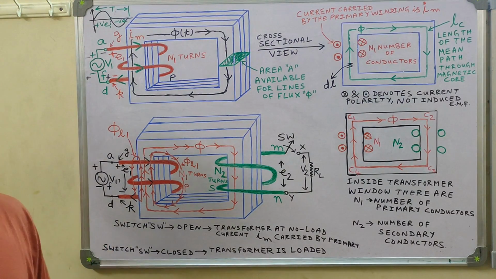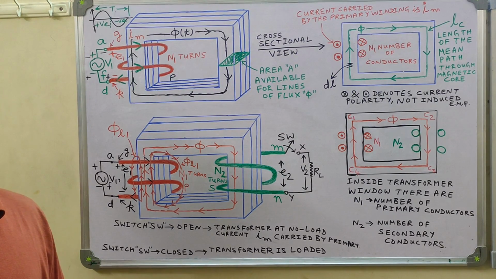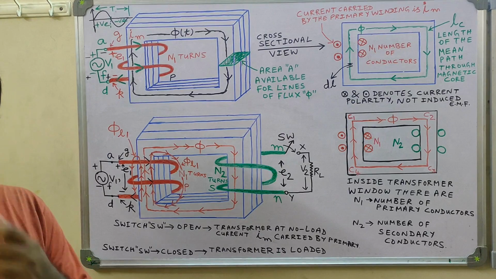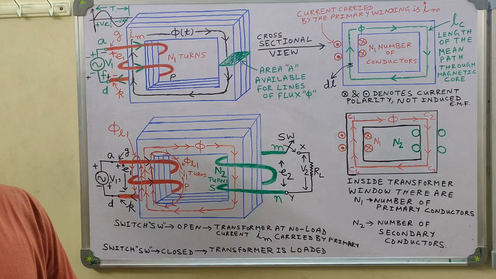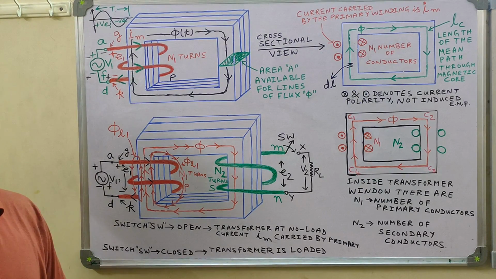The basis for naming these windings is that the winding which will be connected to a source of energy, source of energy meaning a voltage source, rather, we should say sinusoidal voltage source, that winding will be termed as primary winding. So primary winding is that winding which is connected to a sinusoidal voltage source.